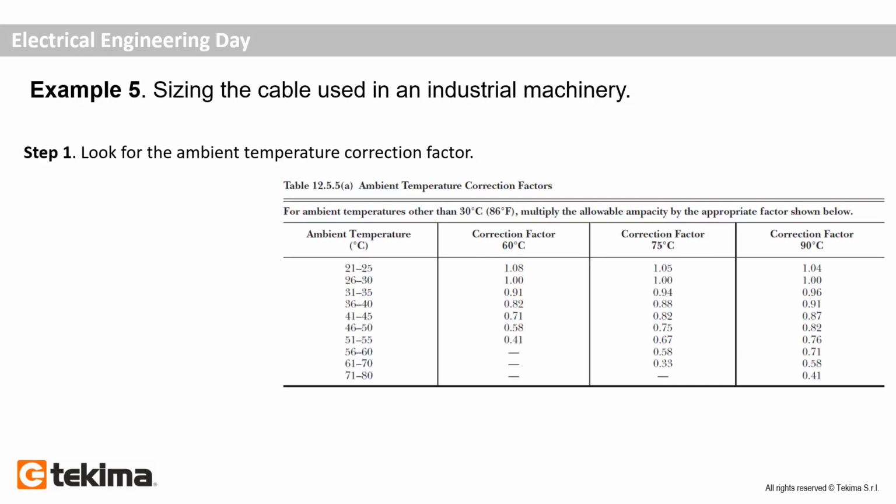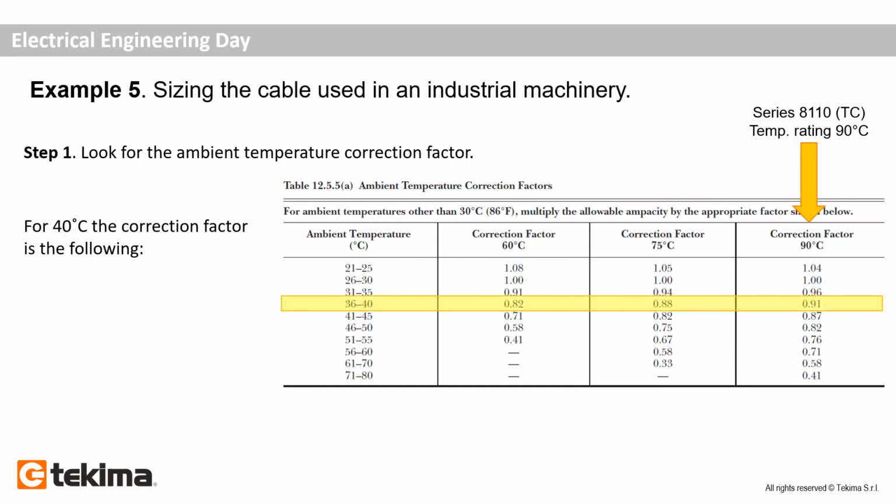The first step is to understand what is the rating factor for the ambient temperature. We are working at 40 degrees and the tri-cable that we have to size has a temperature rating of 90 degrees, which means that the rating factor for the ambient temperature in this case will be 0.91.